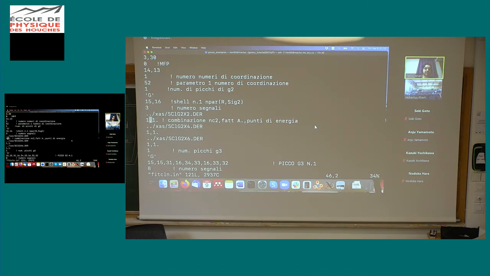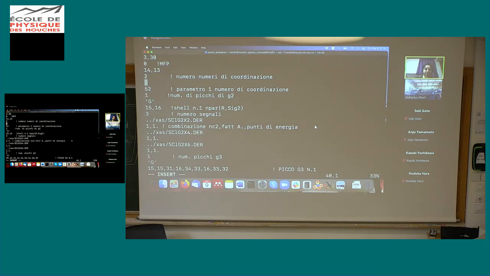So in this case, sometimes it's a bit confusing, because here we have to give the number of the coordination number that we have given before, but this is just, let's say, numerical order. So in this case, we have defined only 1 coordination number, so we have only 1. But suppose, I don't know why it was done like this, but suppose we use 2 different coordination numbers, okay?